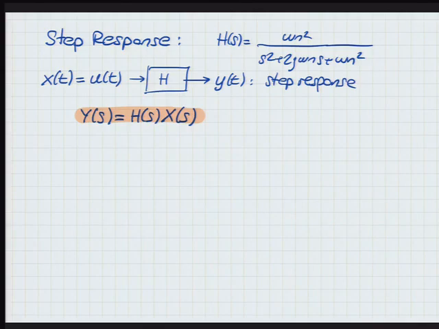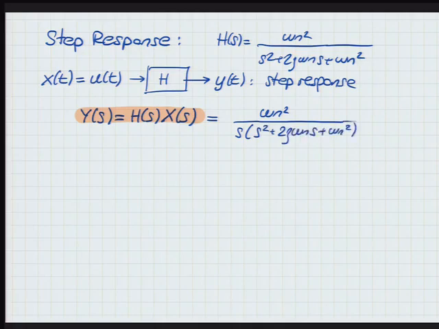So what is the Laplace transform of the unit step? 1 over s. So overall we have omega_n squared over... The only difference from H(s) is I'll add another s in the denominator to account for 1 over s from the unit step. And then the next problem will be how to do the inverse Laplace transform of that.